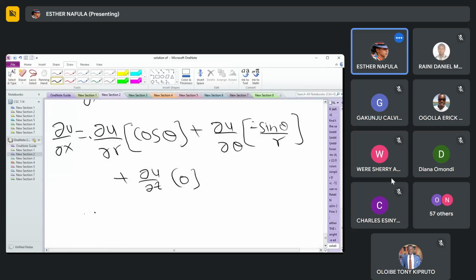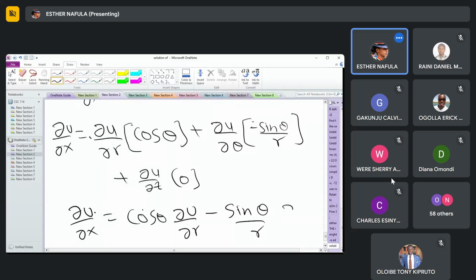So we get our partial u, partial x is equal to cos theta, partial u, partial r, minus sine theta over r, partial u, partial theta.